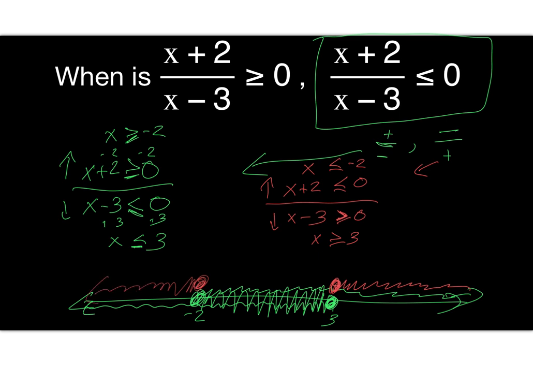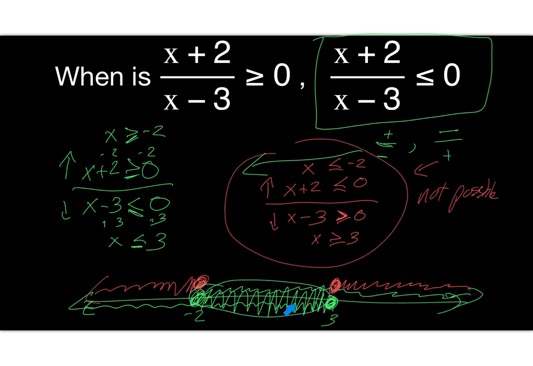Where do the reds overlap? They don't. So again, this is not possible, which means my final answer is just this green zone here. And that would be x is greater than or equal to negative 2, less than or equal to positive 3.